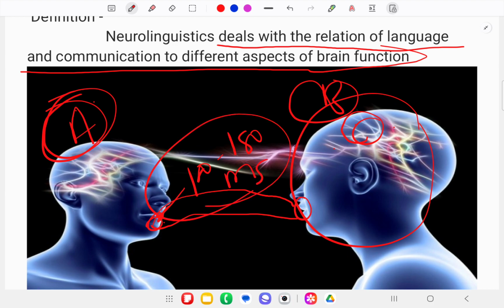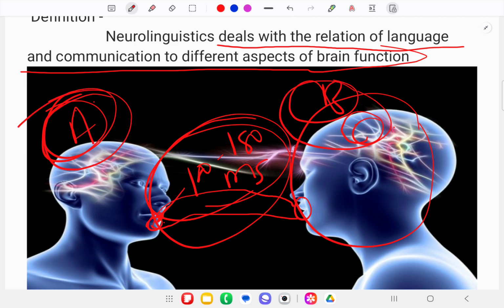So never think that if I produce language, the other person receives it directly. There is a gap of 100 to 150 milliseconds between speaker A and receiver B.